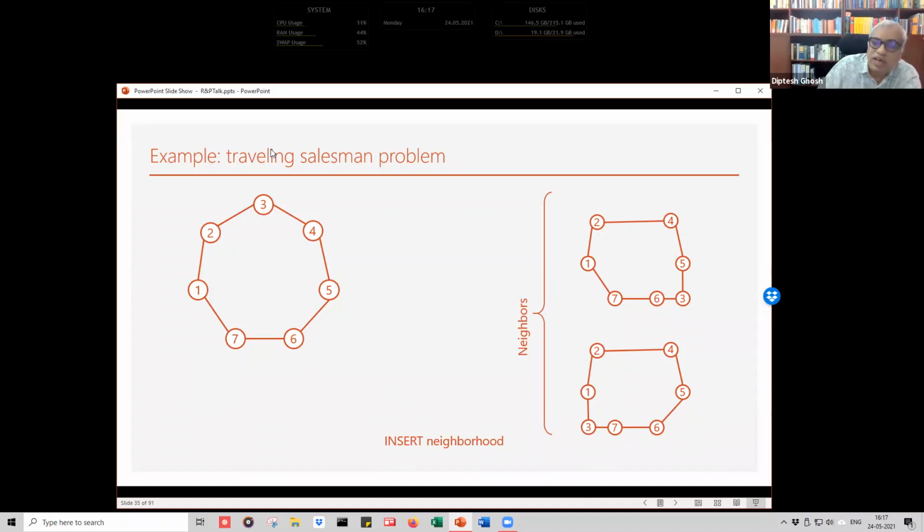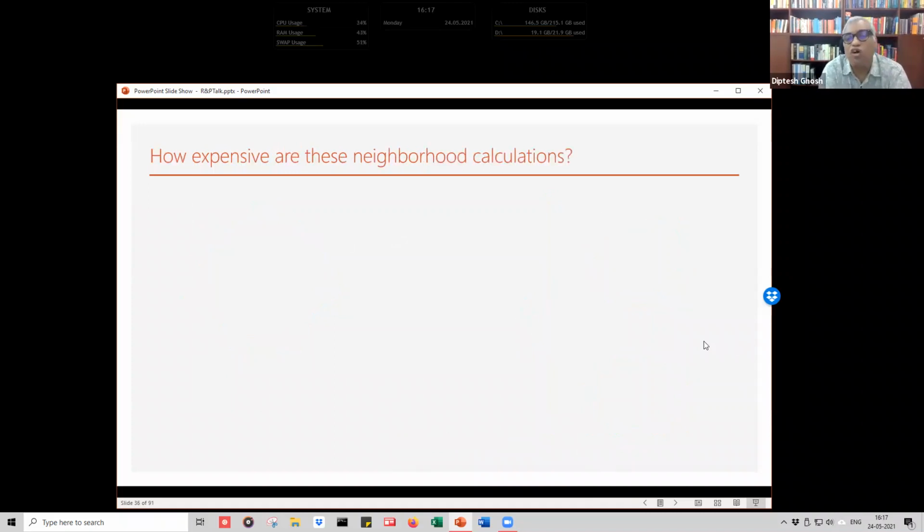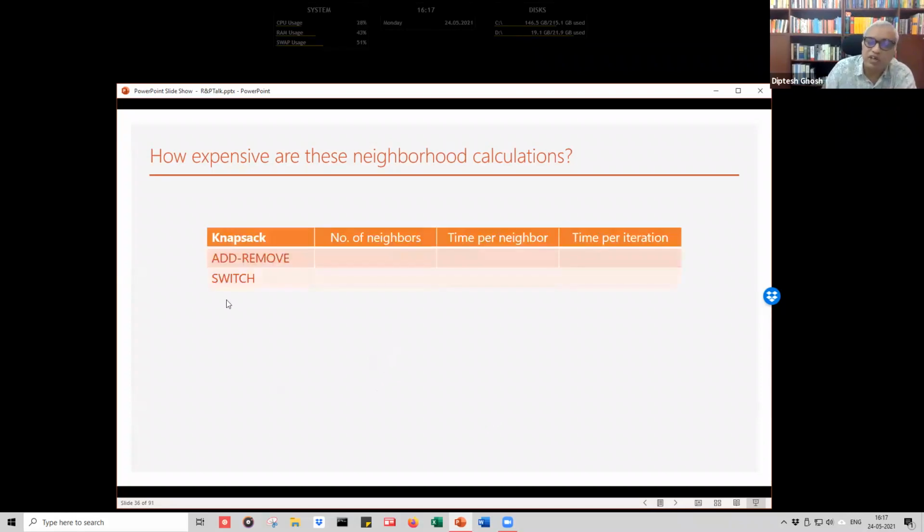Now, whenever I have different neighbors, how do I decide how much time it would take to compute all the solutions in the neighborhood and find out the best neighbor? That tells me how fast or slow my search will go. So for instance, if I look at my knapsack problems, there were 2 types of neighborhoods that I looked at.